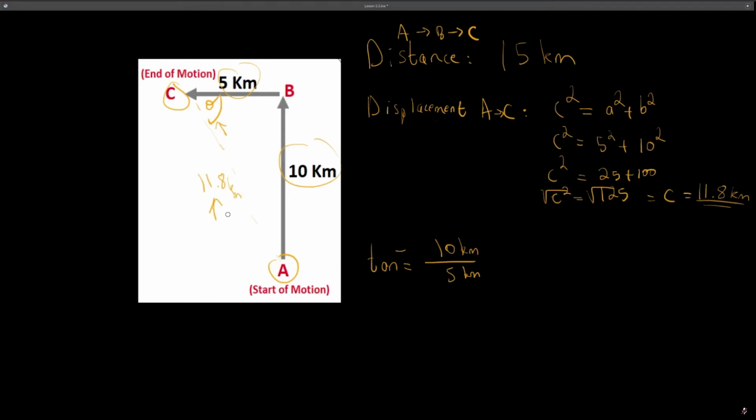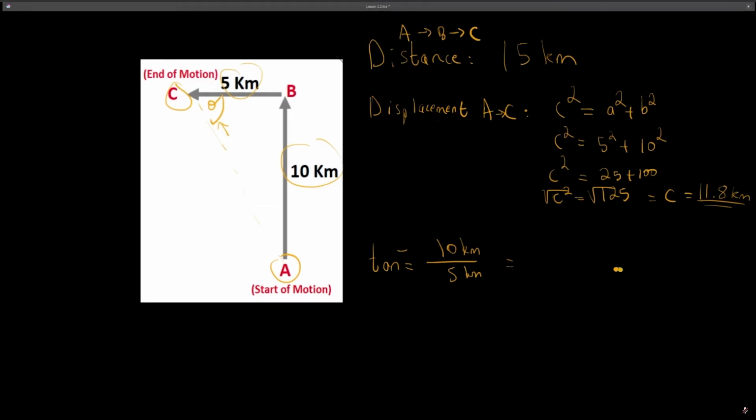This is what you calculated. If it was wrong, then you're going to get both questions wrong. However, if you just take the given, and you got this value wrong, then you would only get one question wrong. So taking tangent is just overall safer. You could use sine and cosine, it's fine, but taking tangent is a safer path. So just calculate the tangent of 10 kilometers over 5 kilometers.